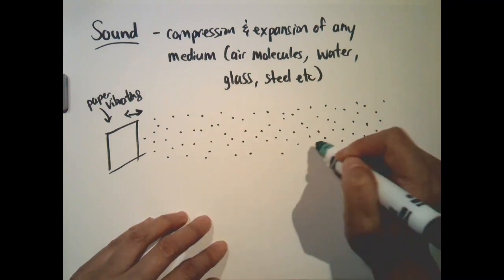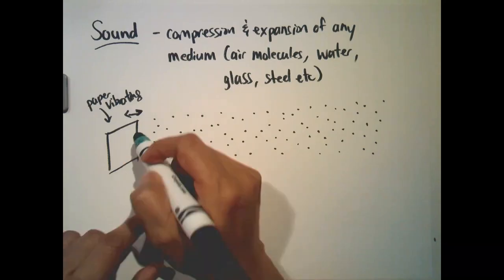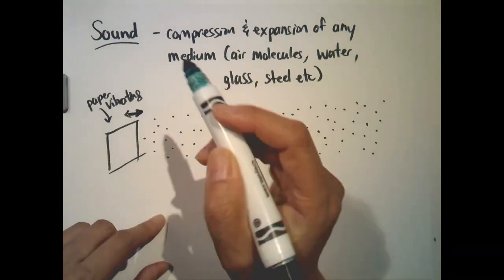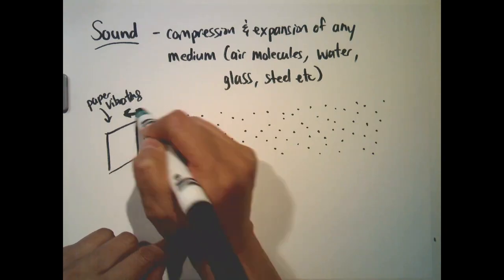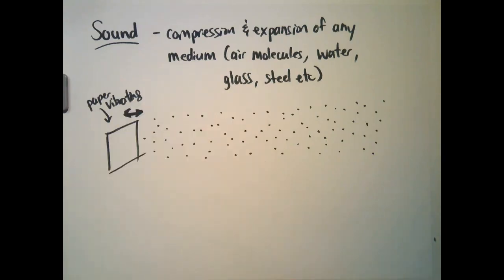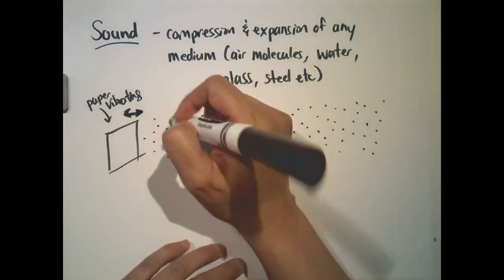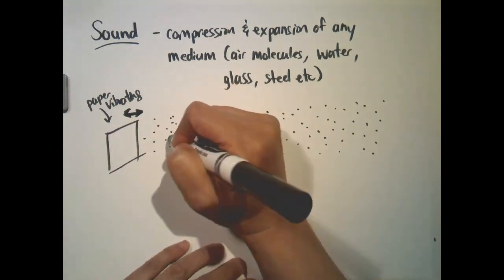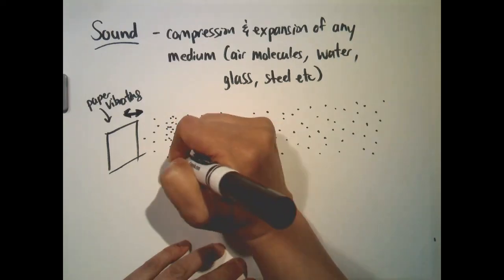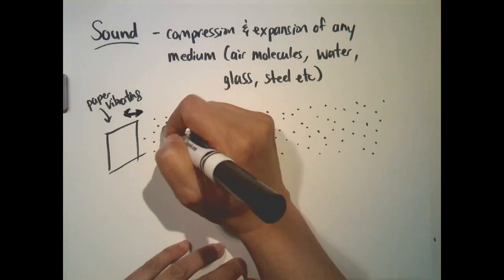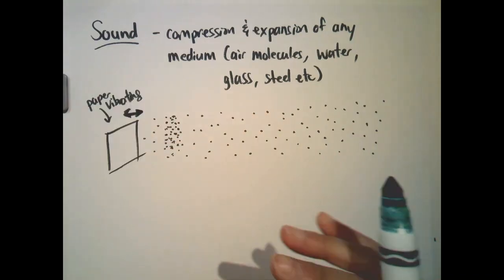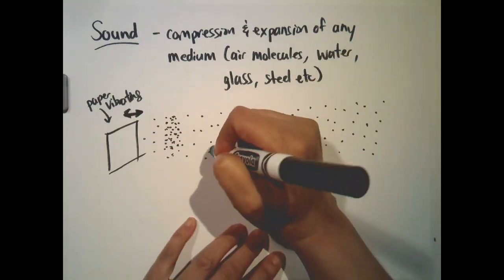And what happens is the paper, as it moves forward, it compresses, and when it moves back, it leaves a gap kind of thing. So when it moves forward here, you're going to have a compression of these air molecules, and then when it moves back, you're going to have a little vacuum created, or an expansion.